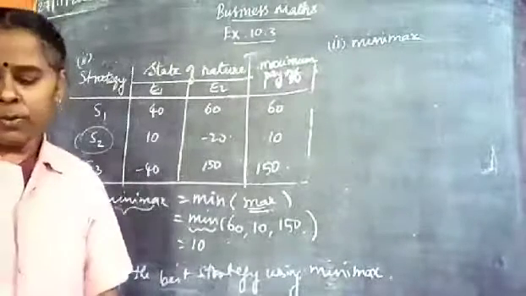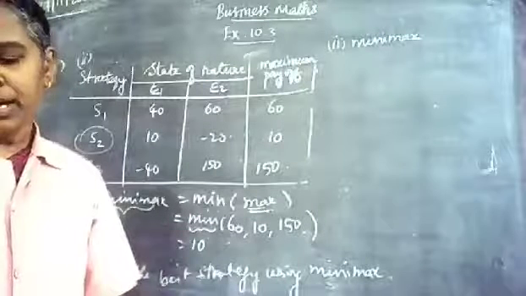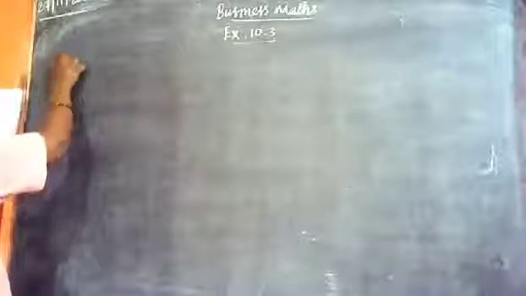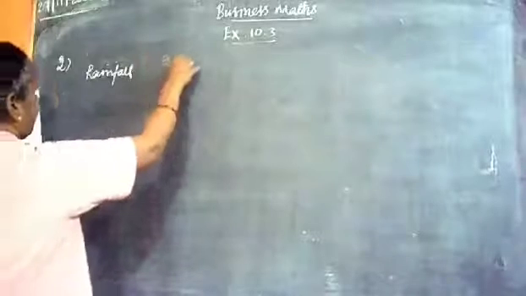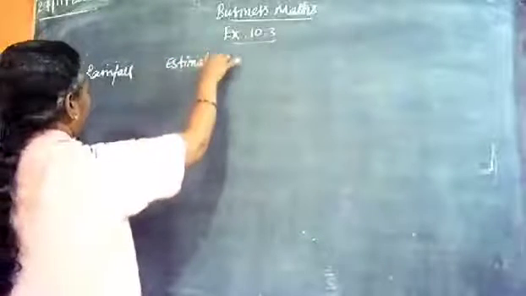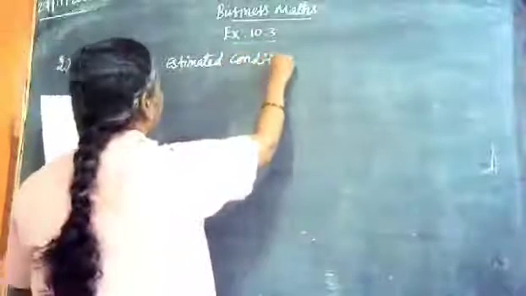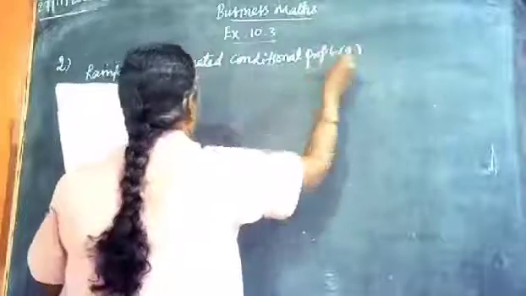So what you are going to do here: prepare the table as per the question, and after that you are going to try subdivision 1, maximin. Question number 2. Rainfall. Estimated additional profit in rupees.